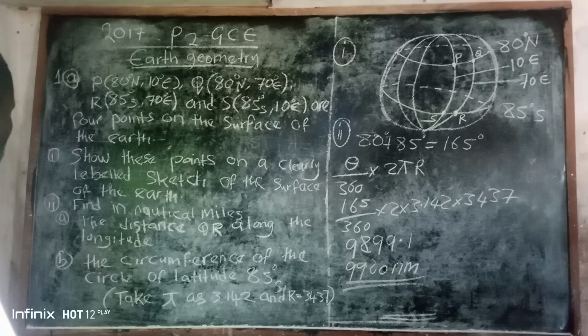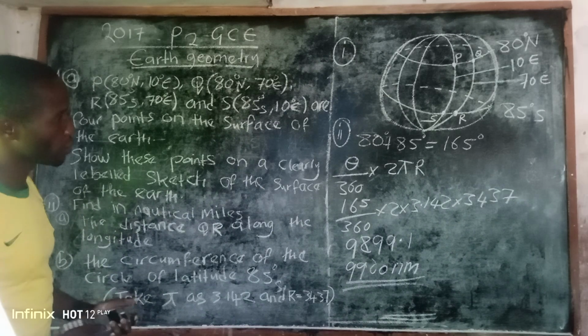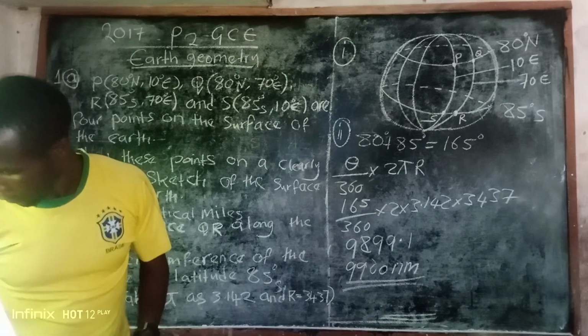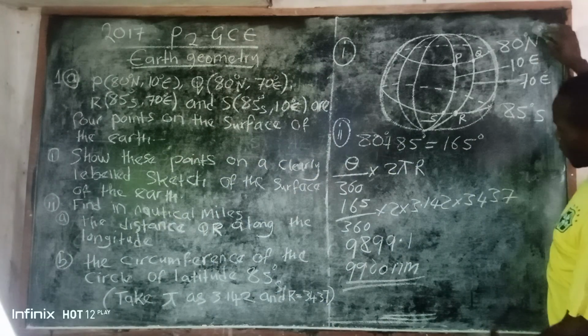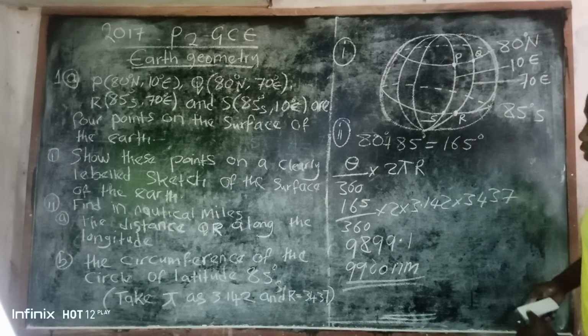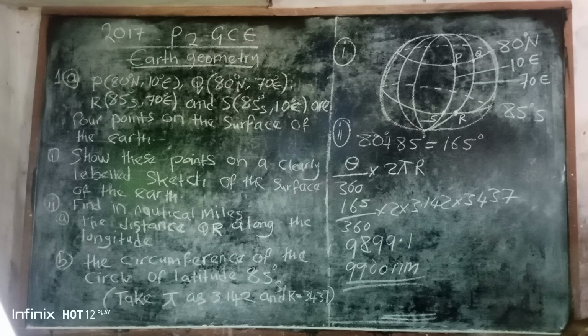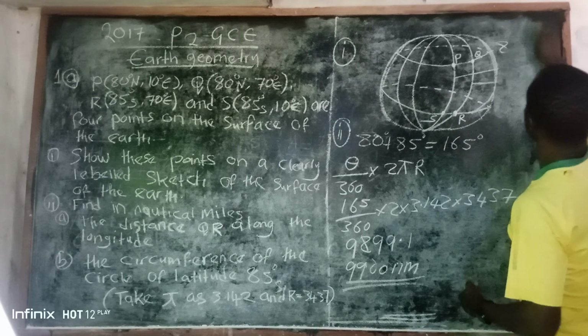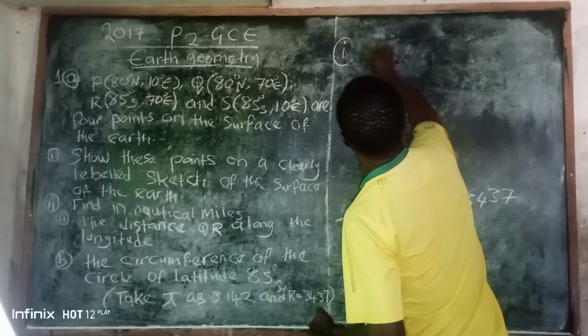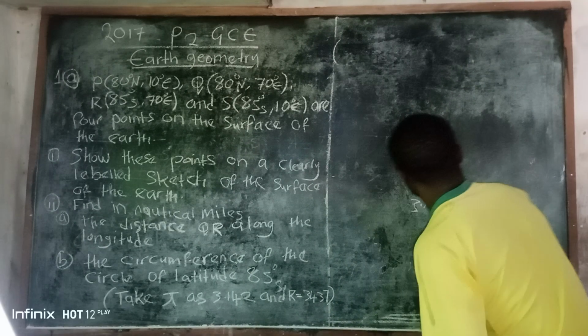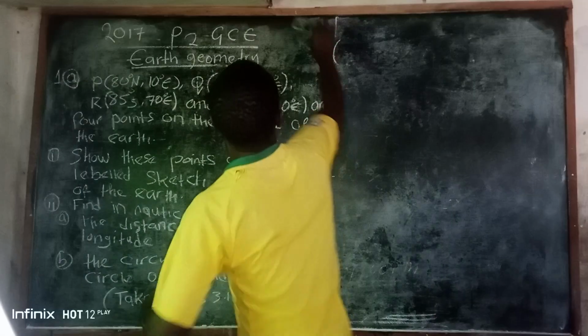So let us quickly go to the last part of our question, which is question B. Now we don't have a space here, so that means we are going to get rid of this same one so that we can use the same space to find the last part of our question. Okay, which is question B.